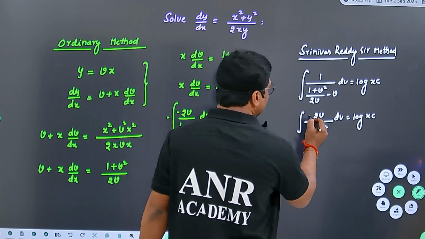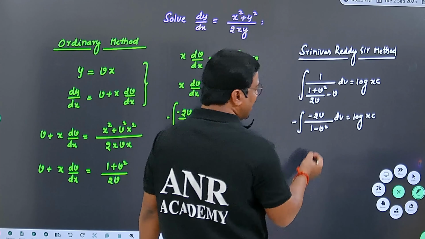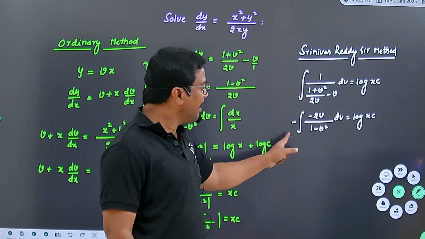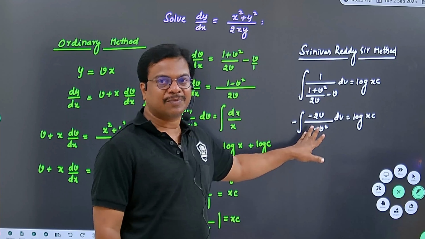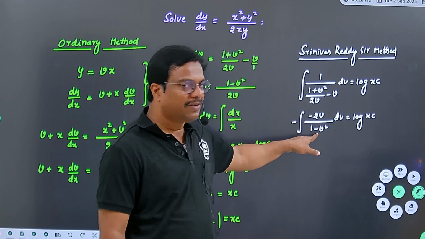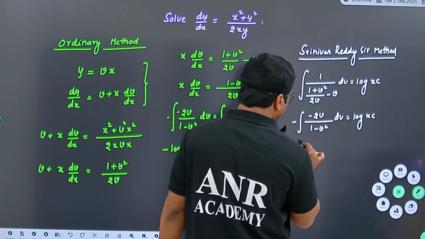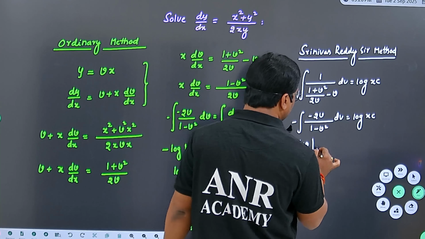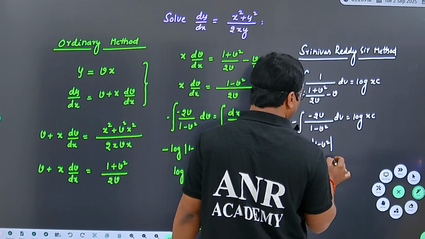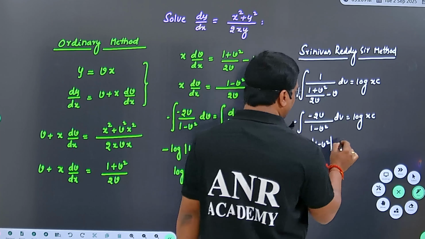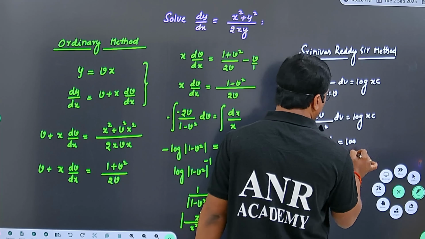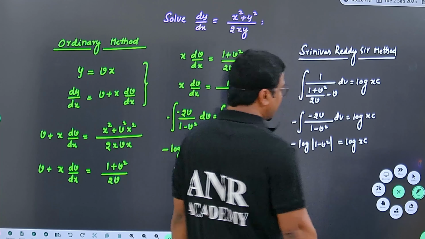Just adjust the minus sign here and then apply the formula integral f dash x by f of x. It is f dash x by f of x, integration gives log of the denominator part. So minus outside, log of modulus of the denominator part, equal to log xc.